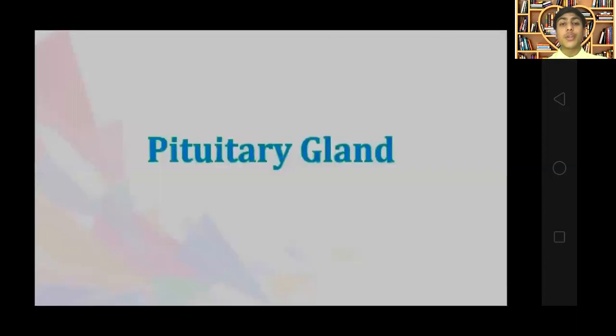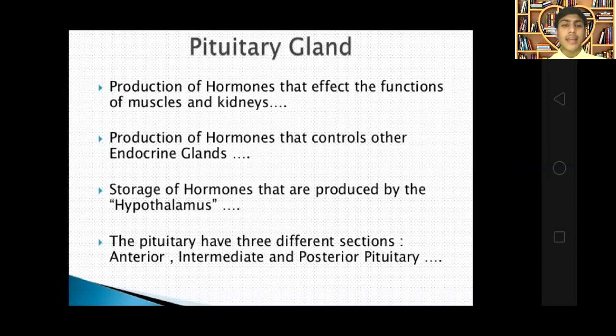Now we are dealing with the pituitary gland. It is known as the master gland. What is the pituitary gland? The pituitary gland maintains most of the glands of the body. As I told you earlier, endocrine glands secrete hormones and are known as ductless glands.